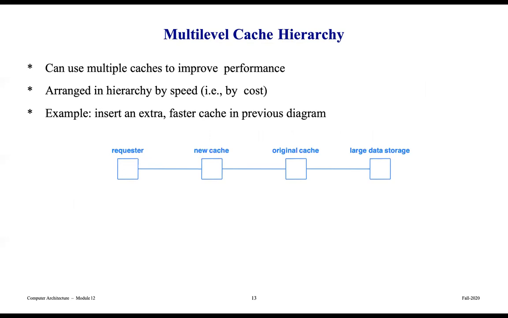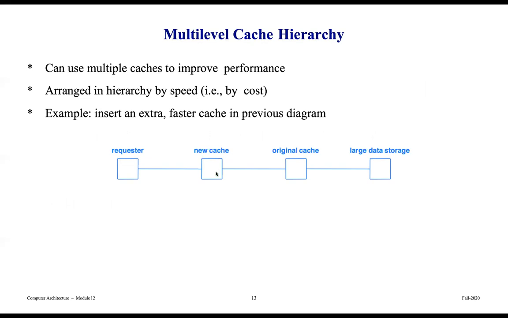Another thing we can talk about is having multiple layers of cache, a multi-level cache. You can use multiple caches to improve performance. They can be arranged hierarchically by speed and also by cost.